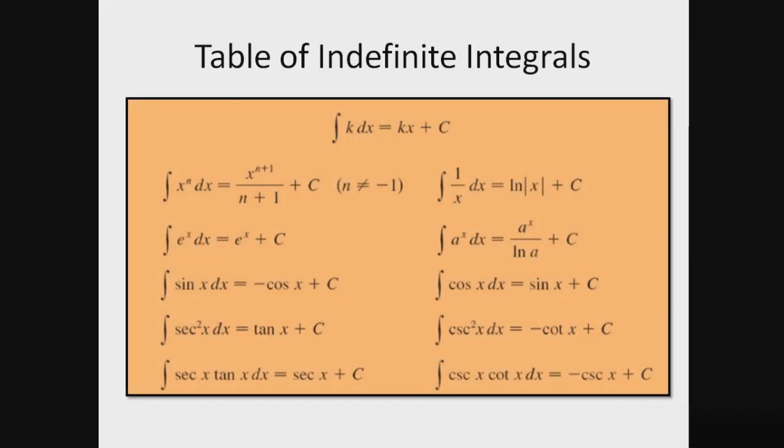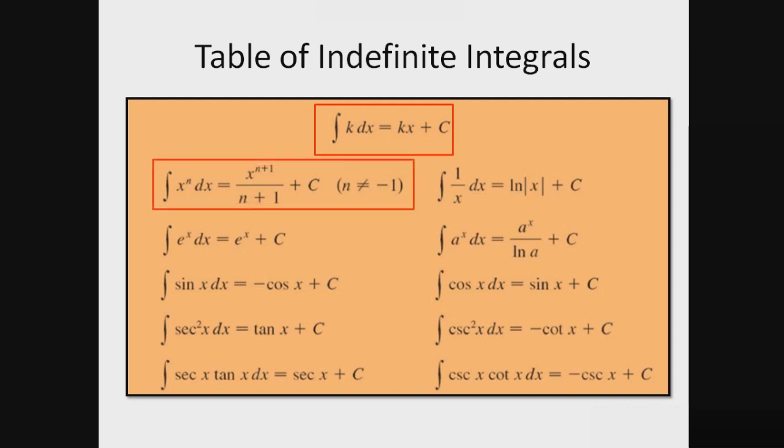Now let's move to the table of indefinite integrals. As you can see here in the table, there are so many properties of indefinite integrals. So let's just discuss some of them. The first property here is the integral of k dx, which means that if we integrate any constant number or value, it will always equal kx plus c.